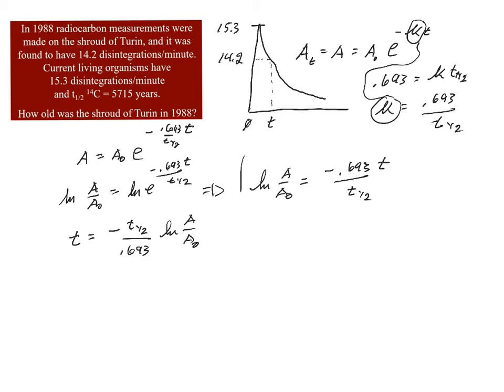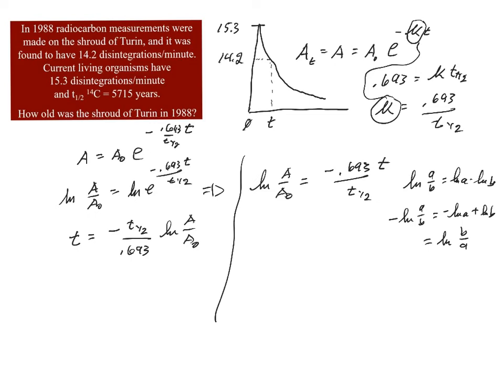I could have also said that this was equal to, if I use the relationship, ln of a over b equals ln of a minus ln of b, then minus the ln of a over b is equal to minus ln of a plus ln of b, which is equal to ln of b over a.